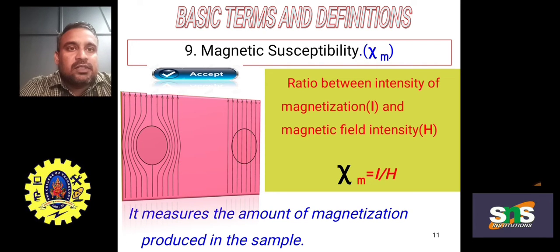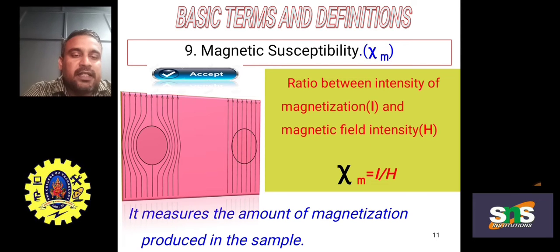The diagram shows, in the first case, a material placed in the magnetic field with lines of force expelled from the material. The second diagram shows the lines of force passing through the material. So it totally depends upon the amount of force passed, and the amount of force experienced by the material depends upon the nature of the material. If we place a diamagnet, the lines of force do not pass through the material; all the lines of force pass away from the material.